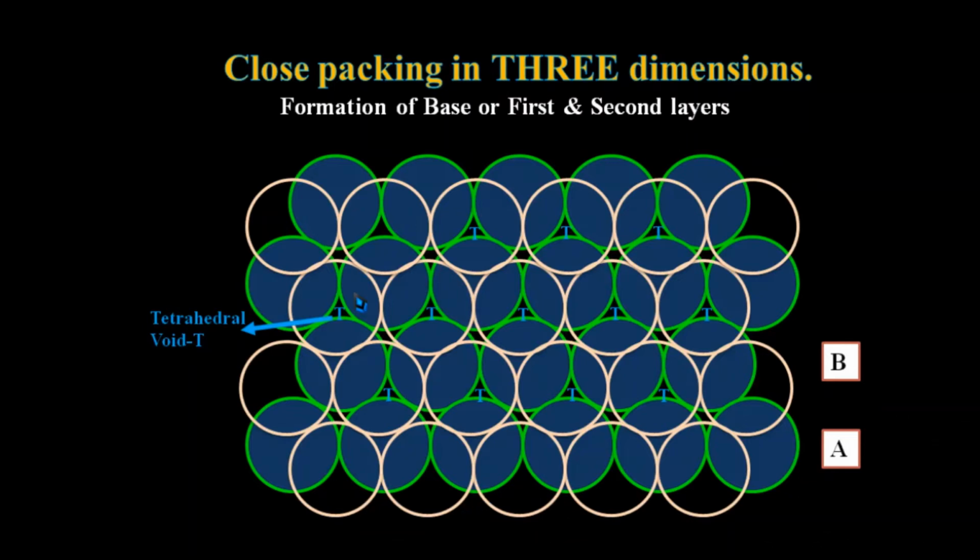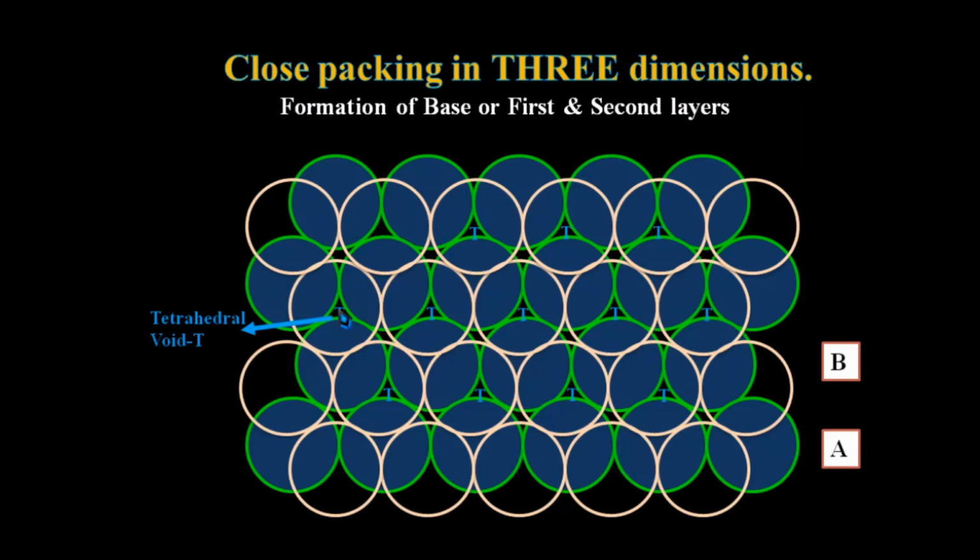These voids are called tetrahedral voids because a tetrahedron is formed when the centers of these four spheres, three from the base layer and one from the second layer, are joined. So it is called the tetrahedral void.